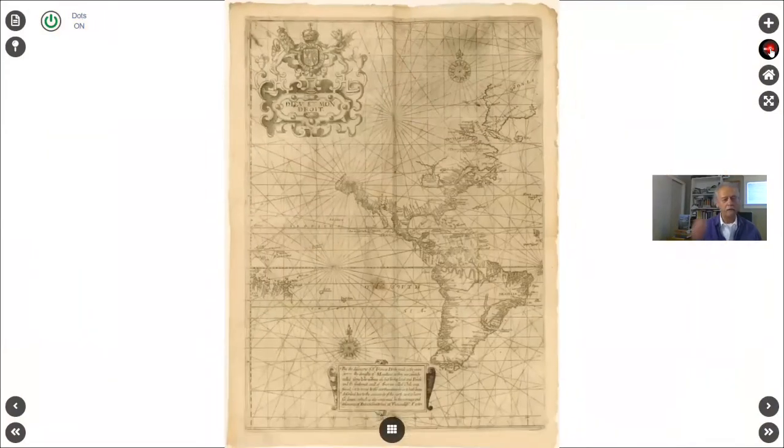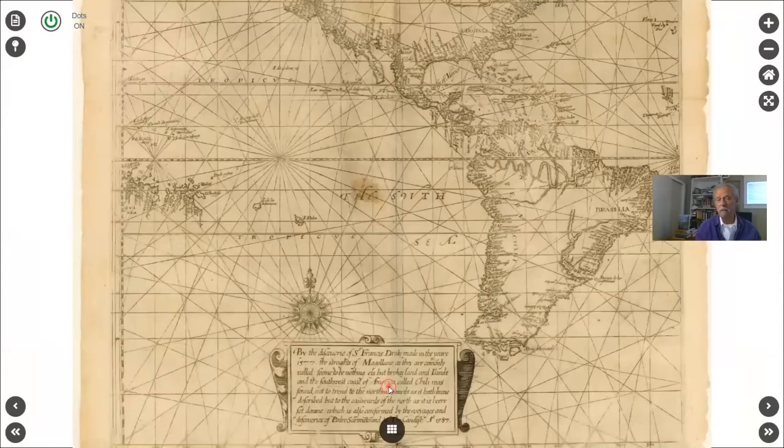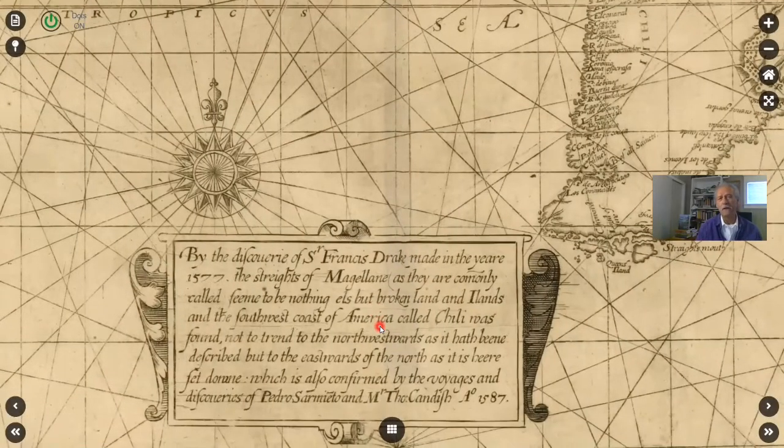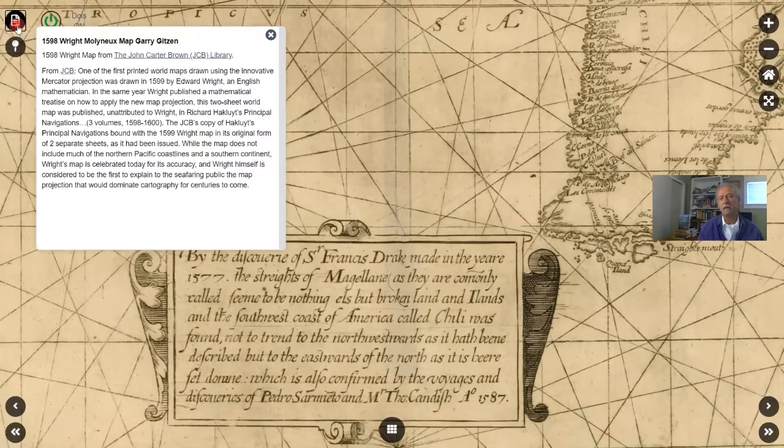And so that's actually how Wright became involved. He's known to have worked on the chart. In fact, this map is also known as the Molyneux-Wright chart because he worked on the 1592 world chart with Molyneux.